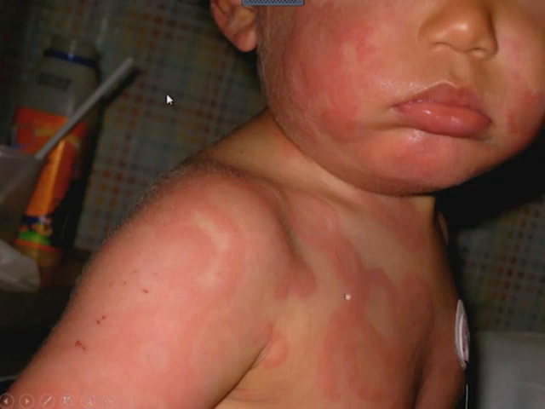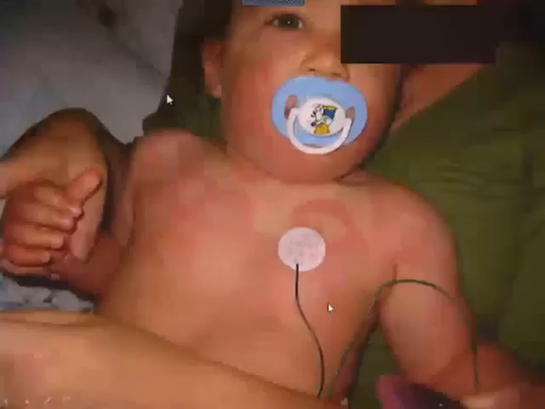The classic description of it is a target lesion. So again, starting out as a small macular rash right here, and then a mature one would look like this. And as these target lesions become larger, they coalesce and become more confluent here.